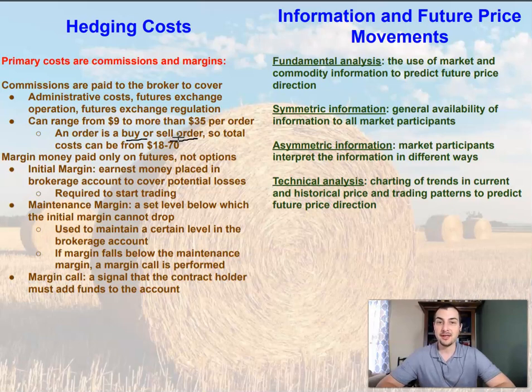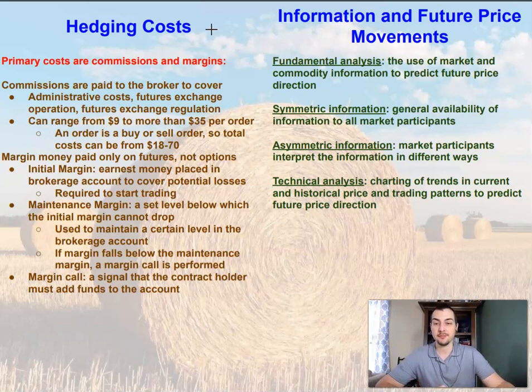An order to buy that contract and an order to sell that contract. So these commissions can actually range anywhere from $18 to $70 per contract, or per hedge, I guess you could say.